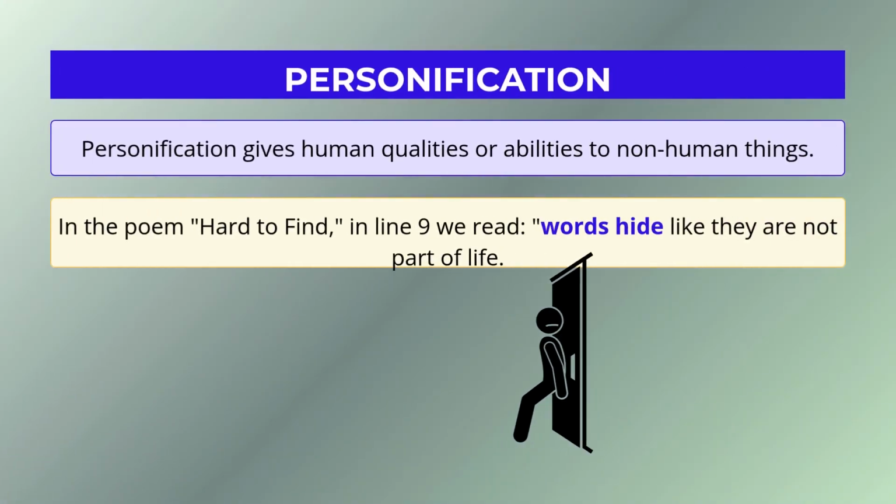Number 3, personification. Personification gives human qualities or abilities to non-human things. For example, in the poem Hard to Find, in line number 9, we read, "Words hide like they are not part of life."